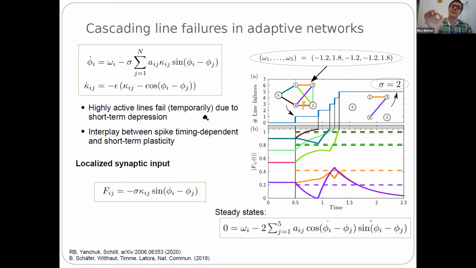So there's another plasticity effect known in neurons. If there's a highly active line, short-term depression can make a line deactivated. And with this, we propose a very simple model to find a new effect from the interplay between spike-timing-dependent plasticity and short-term plasticity.